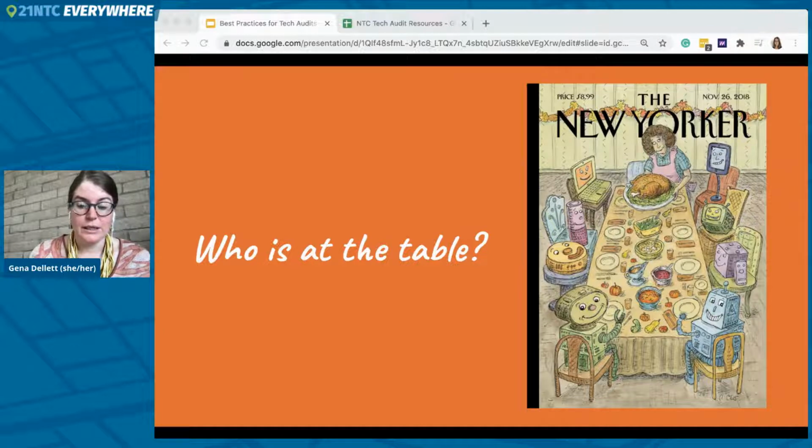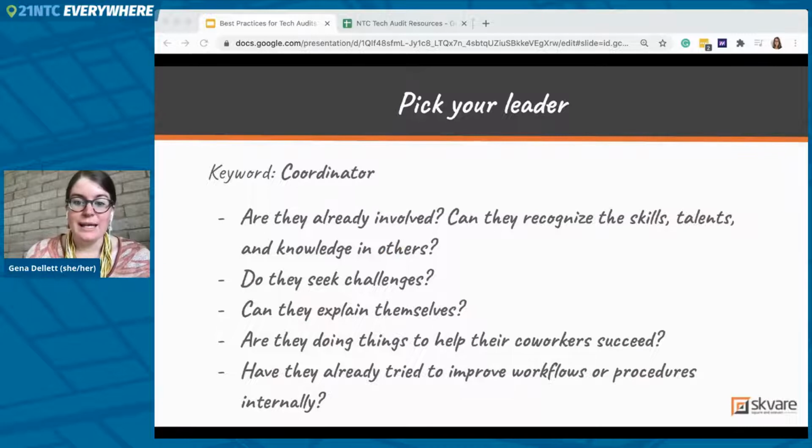organization is doing? And this question matters because picking the leader for what you do is, I think, the most critical thing. So there's a lot that consultants can do a really good job of, and there's other things that consultants do that isn't unique to us as consultants.